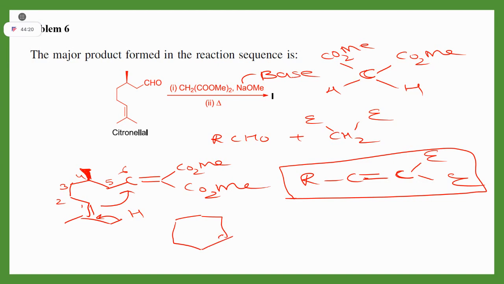Let's say this is your carbon number 6, 5. On carbon number 4, your methyl is there. Correct? 3, 2. And at carbon number 6, these two CO2Me groups are there. Correct? Understood now?